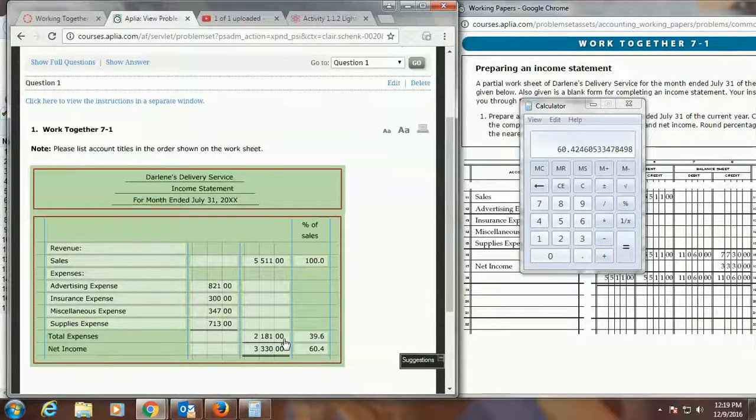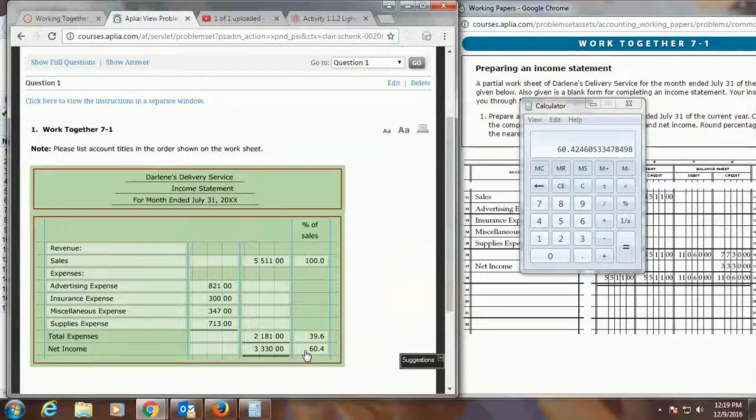So I can see that just at a glance instantly, and I can interpret what it means. So if I'm keeping 60% of my sales, that's a dang good return on my investment into this business as an owner. So I'm actually doing pretty good, and that would make me pretty happy.